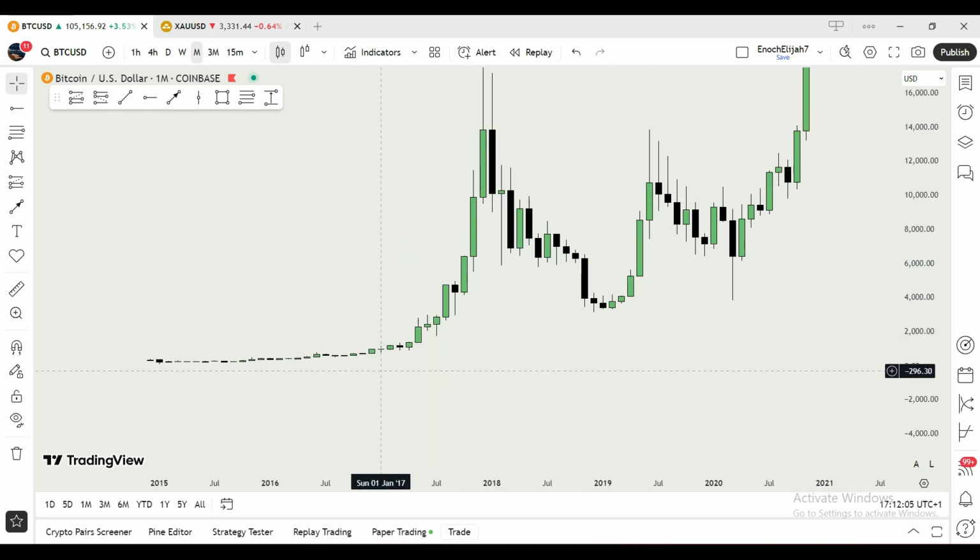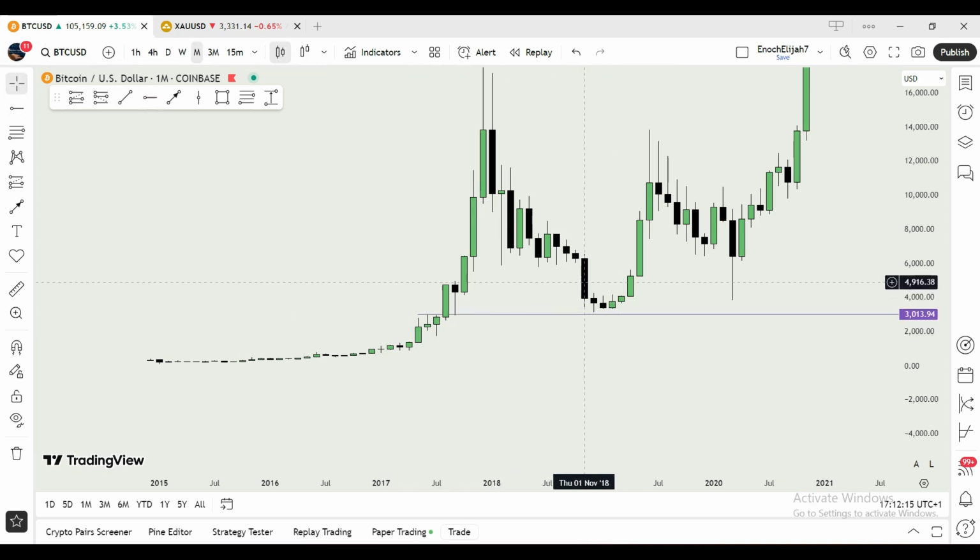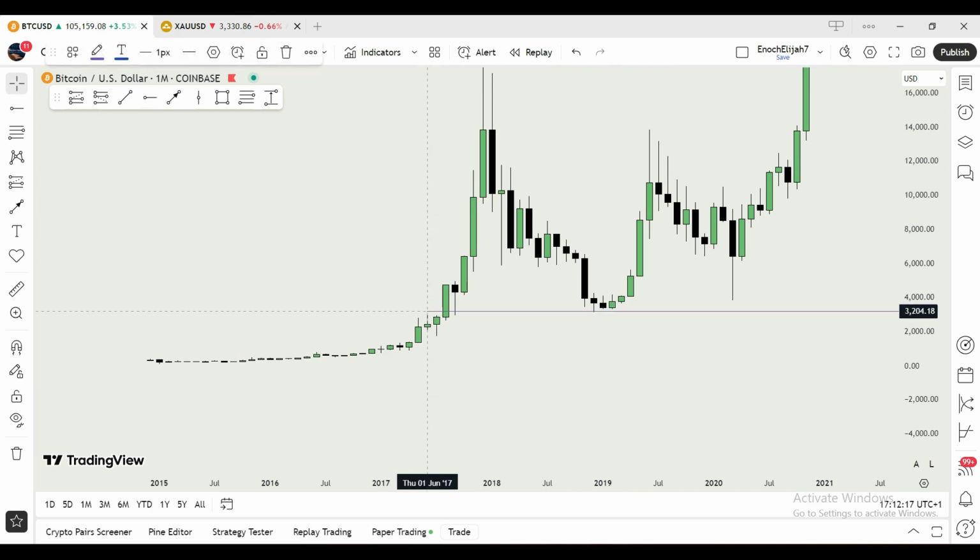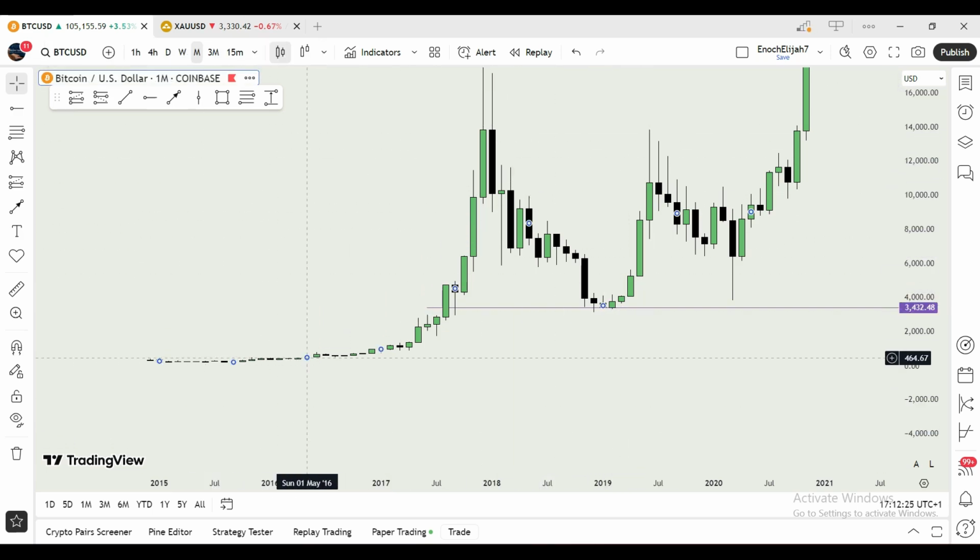This was the high, the low was around here. Price retraced, kept retracing to this level. So it reached this level, this area. Then price turned back. Now this is the high, the lows around here. All these retracements was for price to tap into internal liquidity, which is here, right?